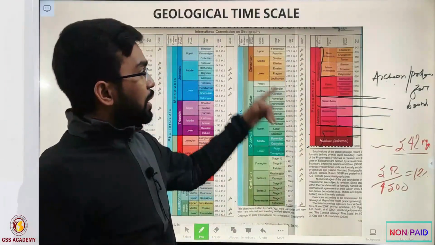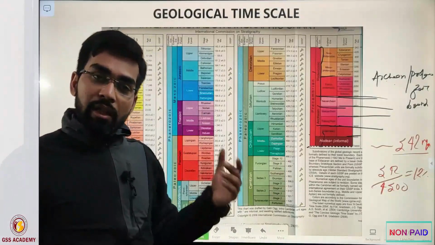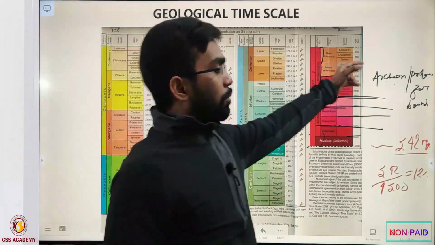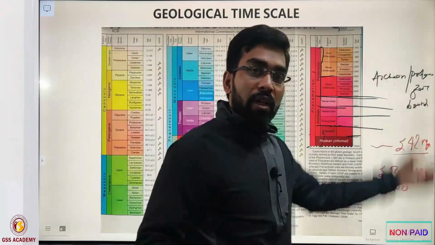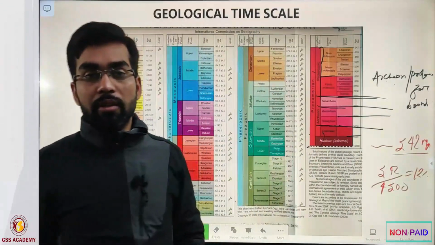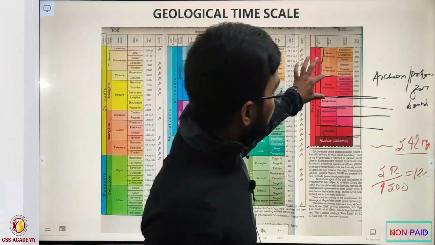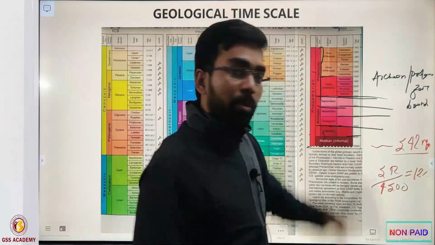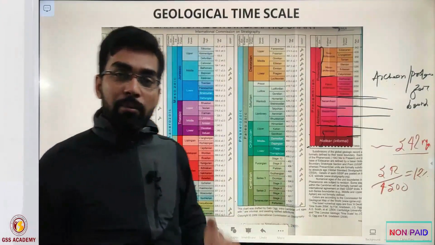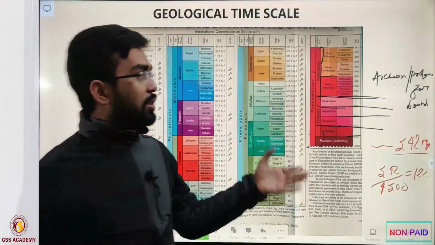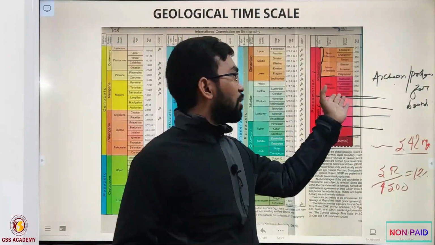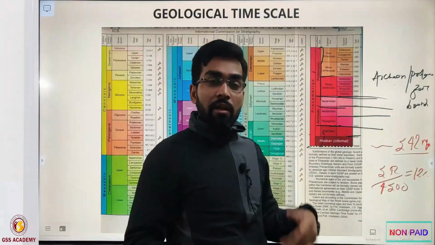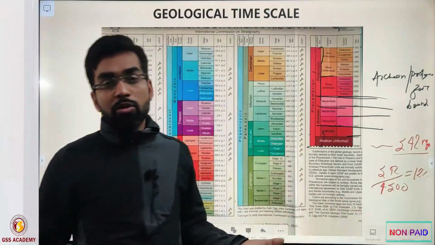From 1,600 million years to 1,000 million years is Mesoproterozoic, and from 1,000 to 540 is the Neoproterozoic age. You have to remember these, because sometimes they will ask whether a sedimentary Purana basin is a Paleoproterozoic, Mesoproterozoic or Neoproterozoic basin.